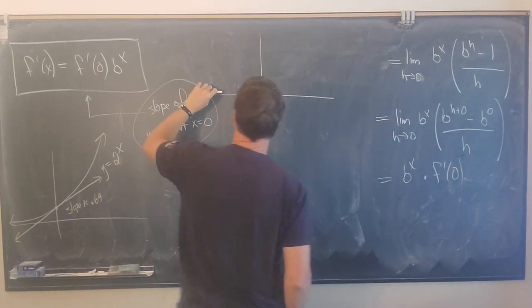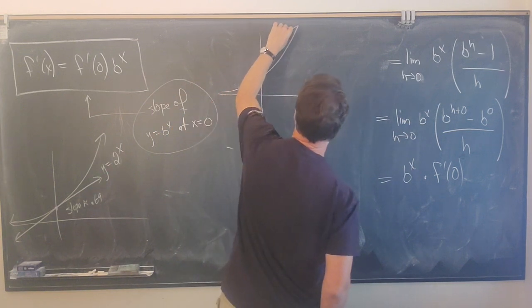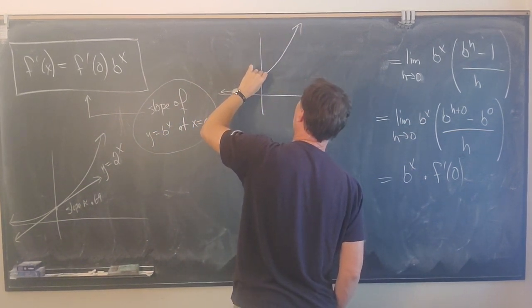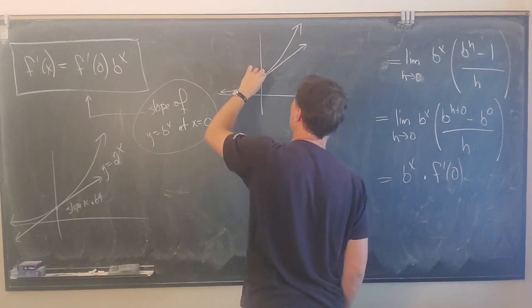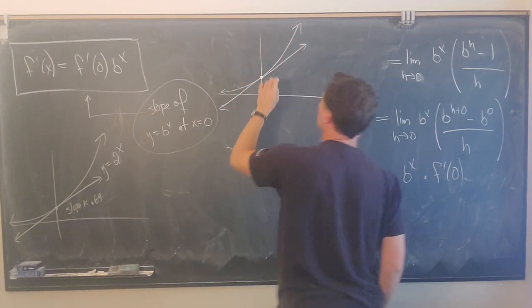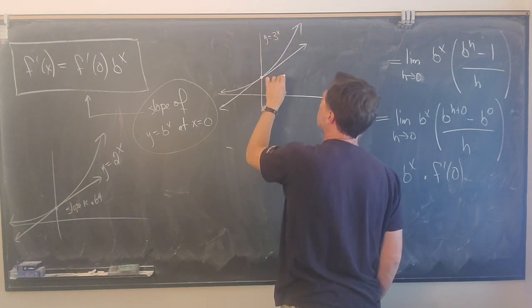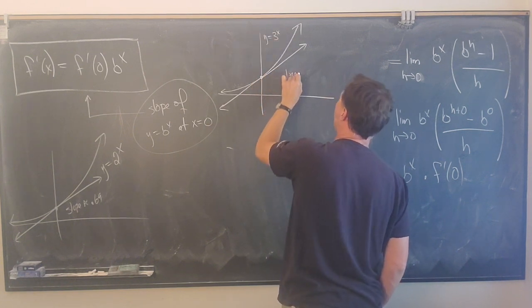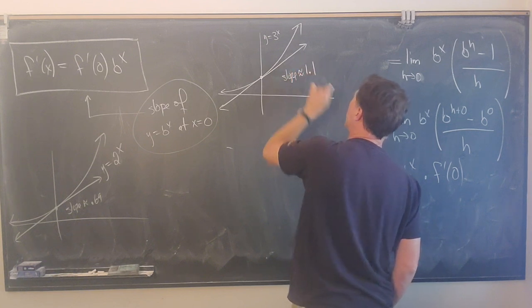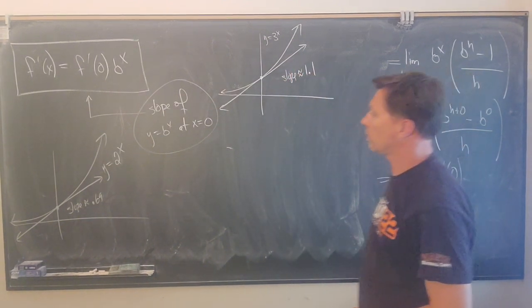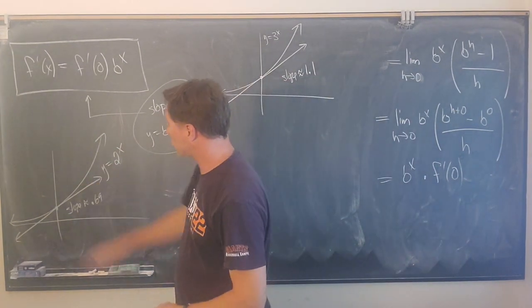If we move over to the graph, so if we let b equal 3 now, so this is the graph y equals 3 to the x, it turns out that the slope here is about 1.1. All right, so when b equals 2, slope is 0.69.